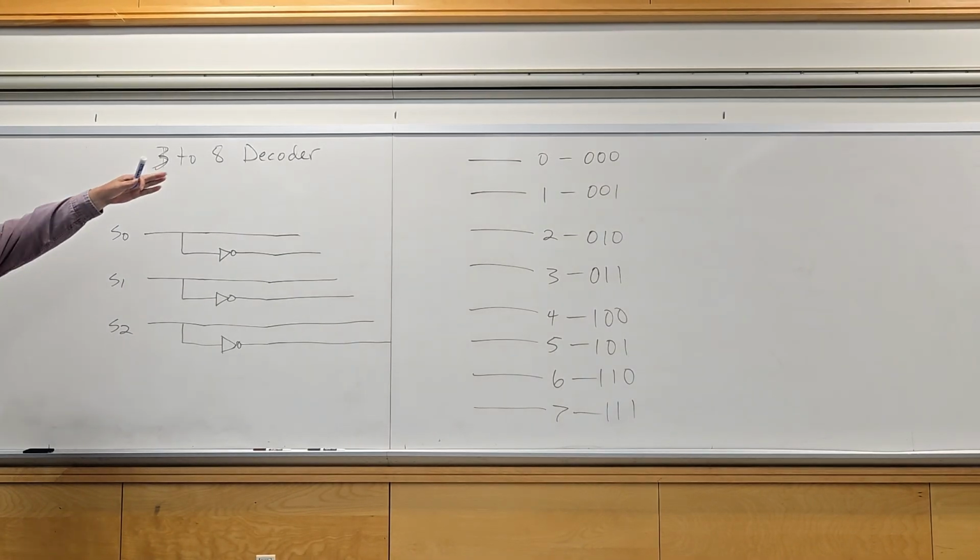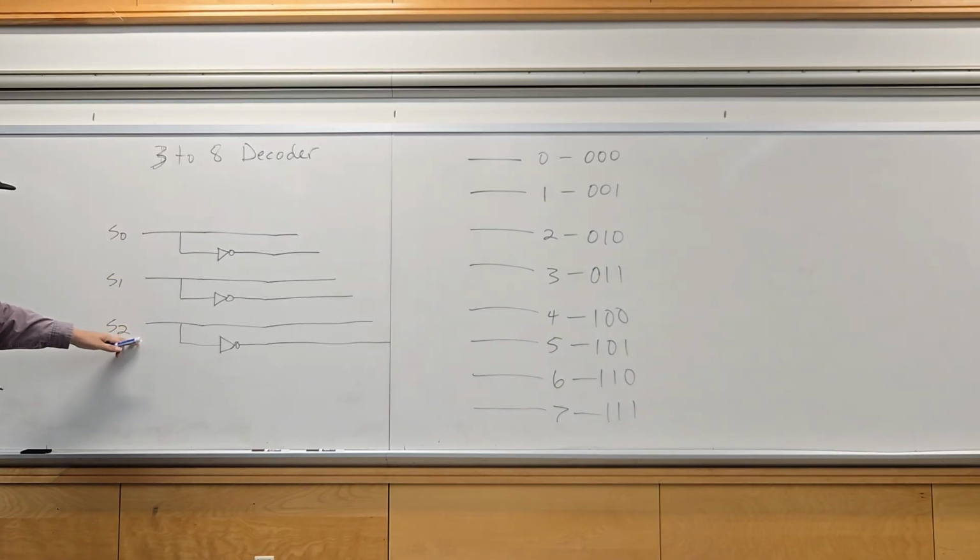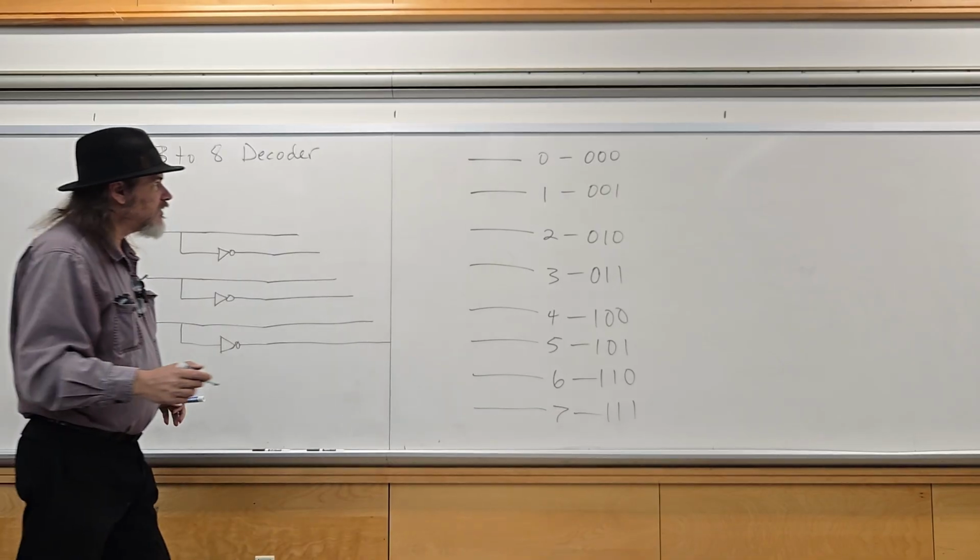in order to have your all zeros high, you need to have all 3 inputs 0 and then inverted and go into an AND gate.